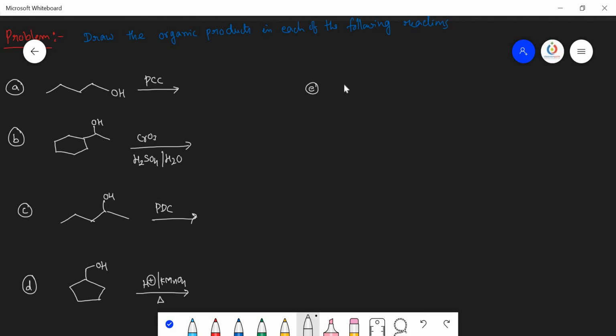So before I solve, you try to solve this one now. H plus, K2Cr2O7 and hydrolysis. And F, DMSO, dimethyl sulfoxide.